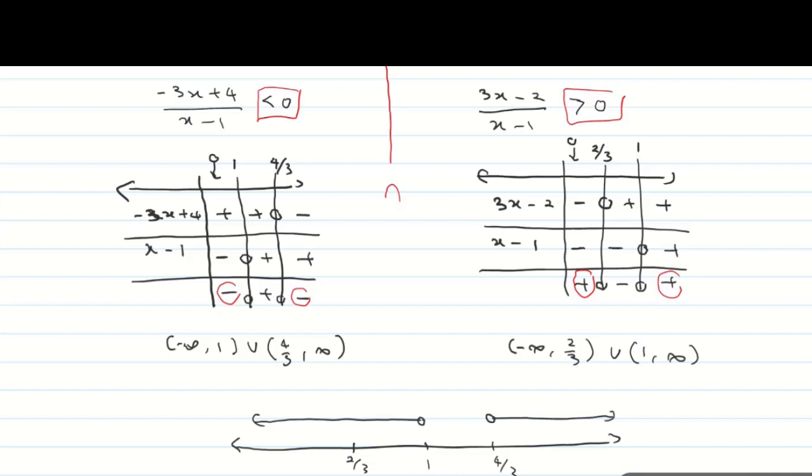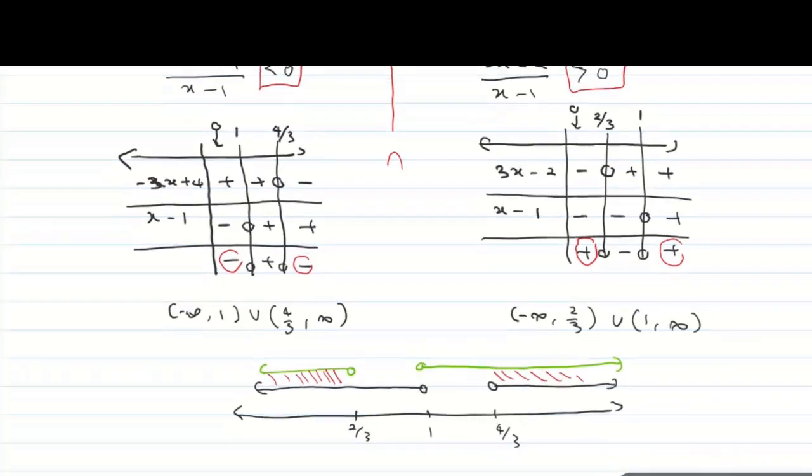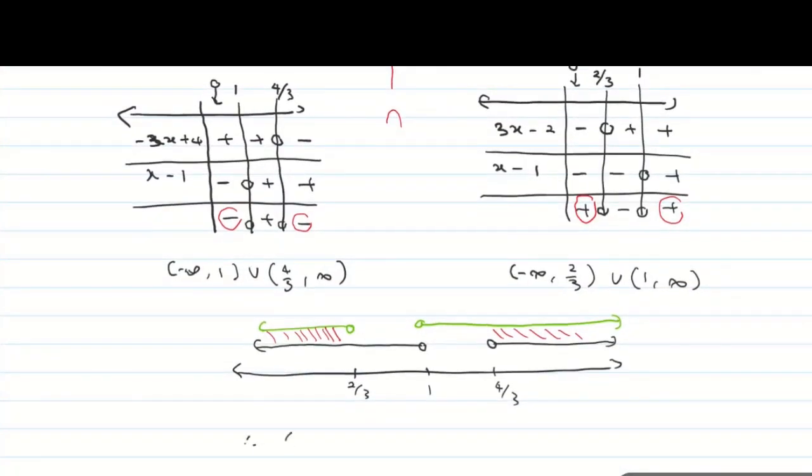For the second solution, we have to the left of 2 over 3 and to the right side of 1. So these two intervals, we are going to find the intersection. So the final solution is from negative infinity to 2 over 3 union from 4 over 3 to infinity.